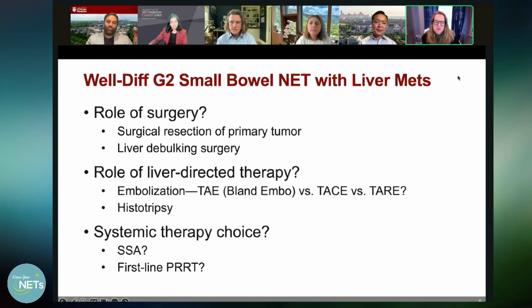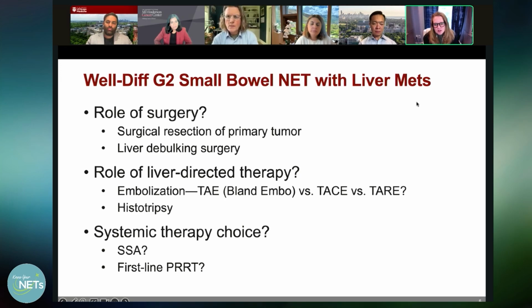If I could just add to that, I agree that starting with a somatostatin analog makes the most sense and is what I would do in this situation, for both anti-tumor control and for hormone-mediated symptoms. But I agree with Eloisa as well that taking a look early would be wise, especially in someone who has a relatively large degree of tumor burden in the liver. It is a patient with liver dominant disease.